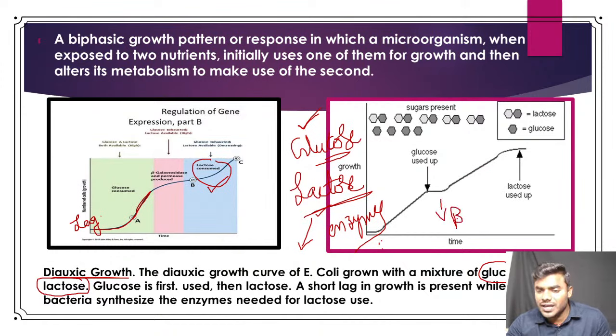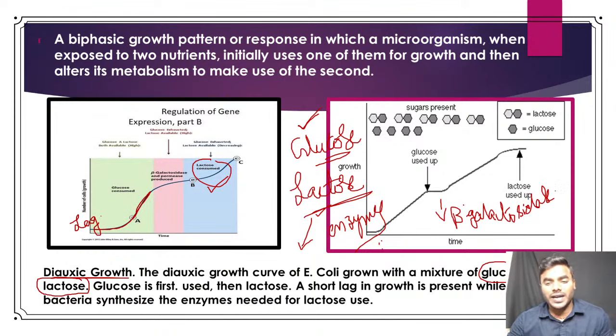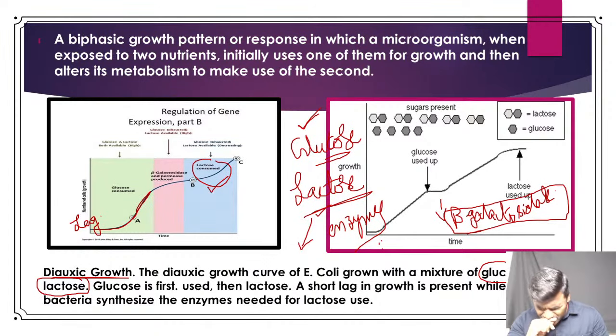The reason is that first I have to synthesize an important enzyme called beta galactosidase, which is involved in the breakdown of lactose into glucose and galactose. I can't synthesize this immediately, friends.